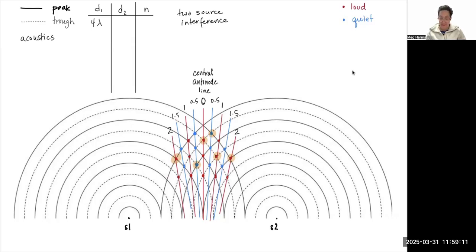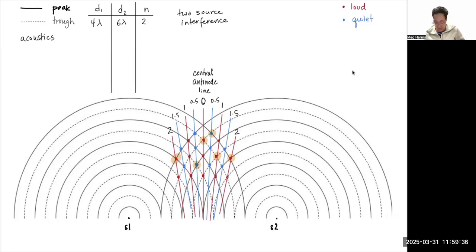We can do the same over here. I am 1, 2, 3, 4, 5, 6 wavelengths from speaker 2. And I am on line number 2. All right, we're going to keep going through these.